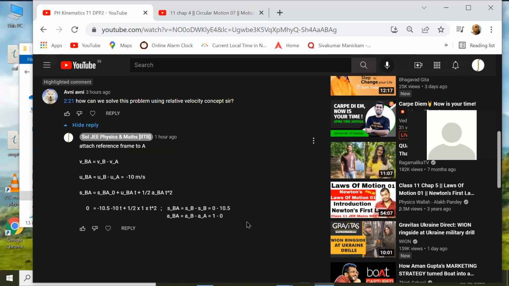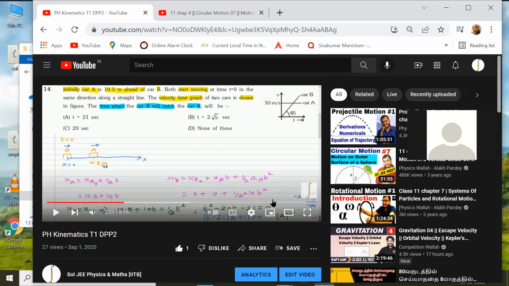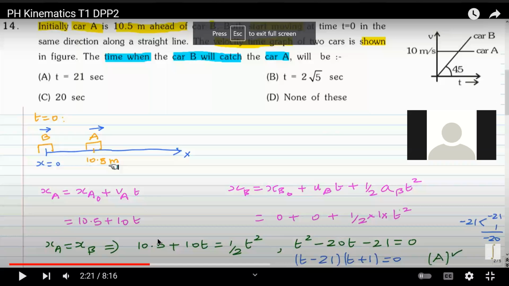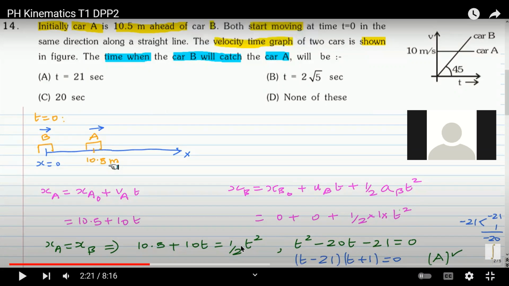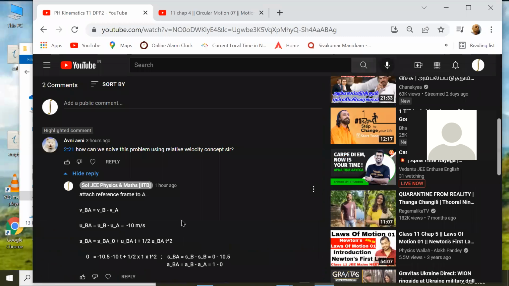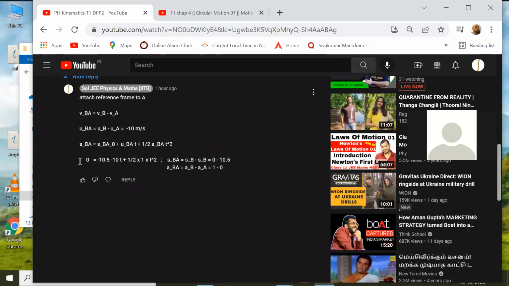And this SBA, when the two meet, will be 0, because it is with respect to the frame. So this is exactly the same equation you get here: 10.5 plus 10t equal to half t square. That's exactly the same equation. 10.5 plus 10t, with 10t going on the other side, equal to half t square. So the equation is the same.